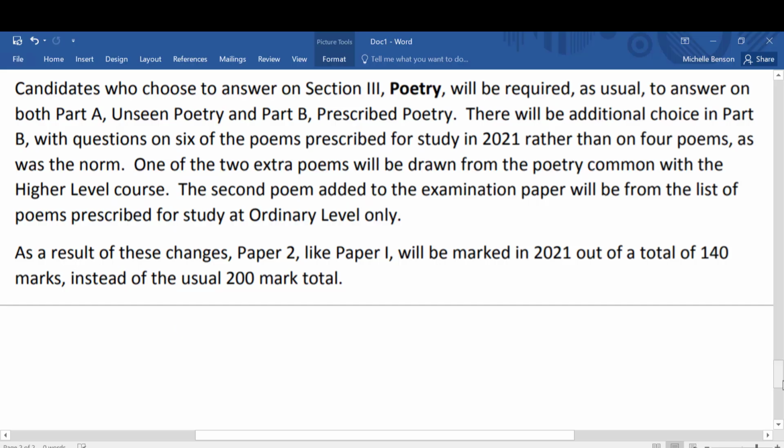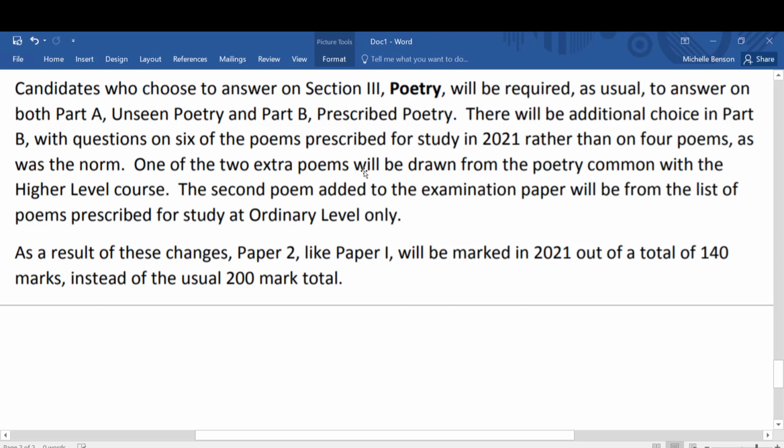Okay, let's now talk about poetry. So maybe you would like to do the poetry section. Candidates who choose to answer on section 3 poetry will be required as usual to answer on both part A, unseen poetry, and part B, prescribed poetry, which means your studied poetry. There will be additional choice in part B with questions on 6 of the poems prescribed for study in 2021 rather than on 4 as was the norm in previous years.